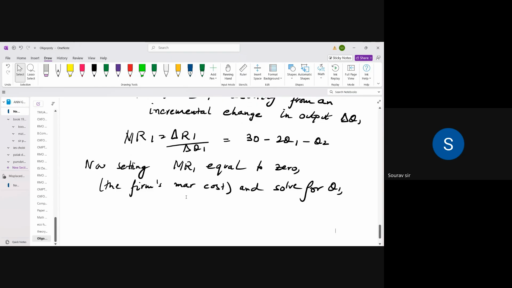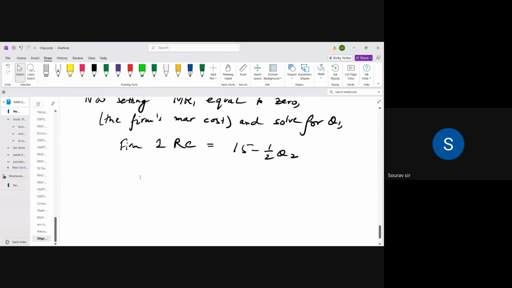If you set the marginal revenue to 0 and find Q1, you get firm 1's reaction curve as 15 minus half Q2. And similarly for firm 2, because both are the same, the reaction curve will be 15 minus half of Q1.